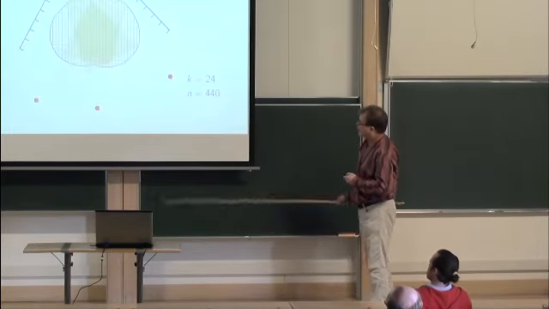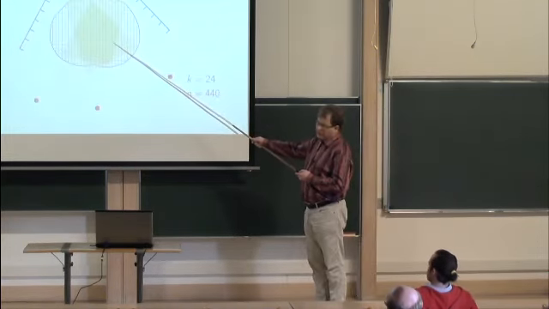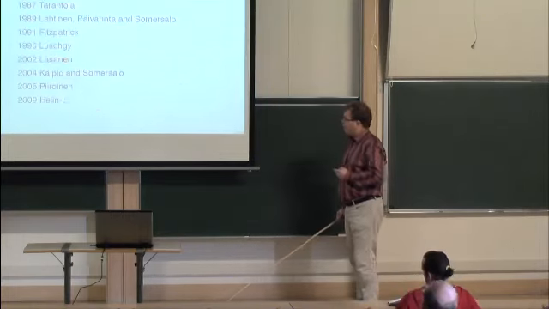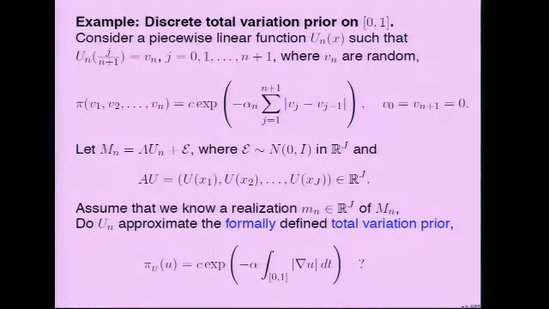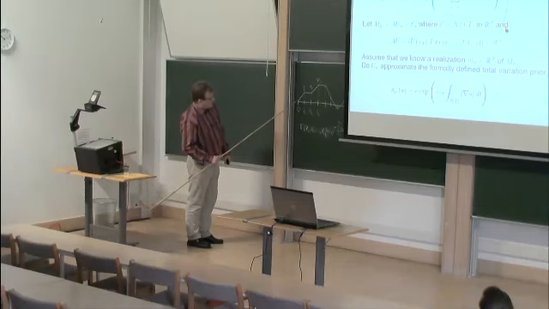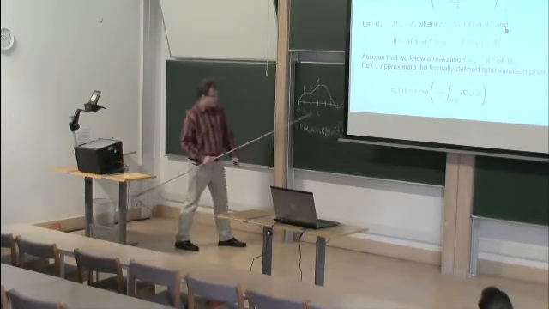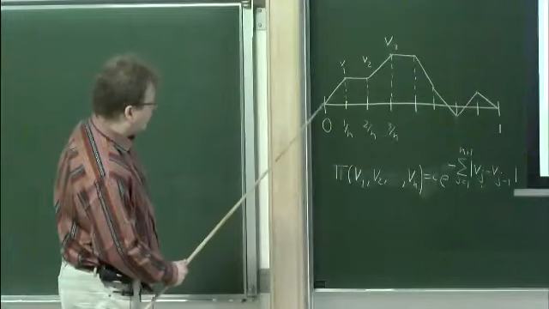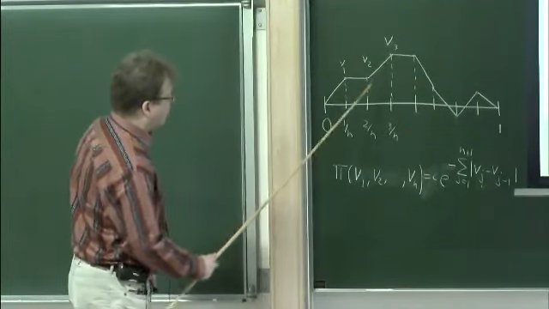So like I said, these kinds of models are very difficult to analyze systematically. So let's look at a very simple toy problem. Let's look at the one-dimensional case. I draw a picture here. We have an interval from 0 to 1. I divide it into n points, and then I consider a piecewise linear function.